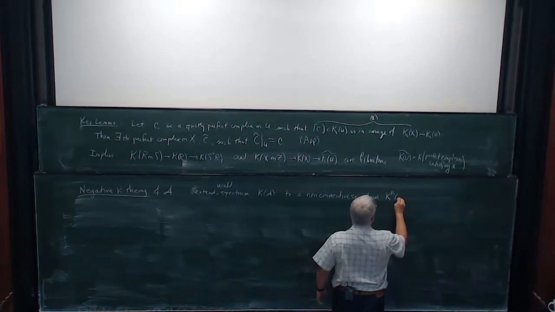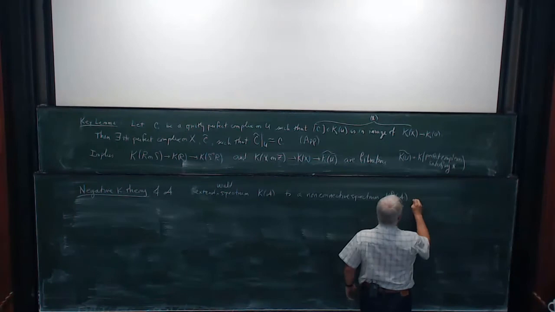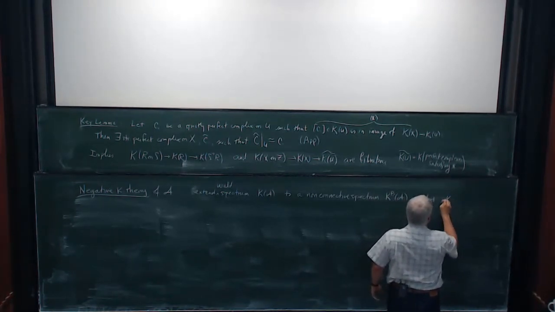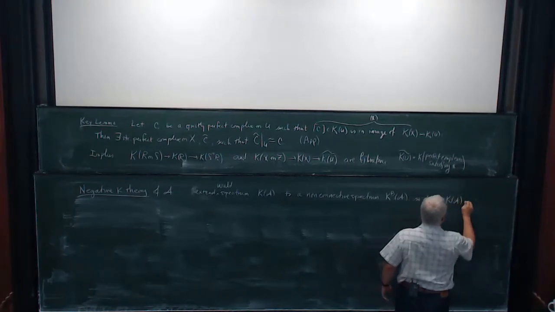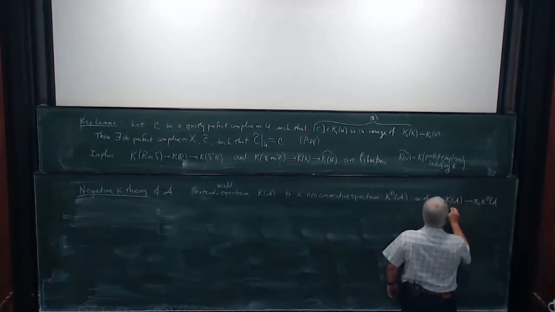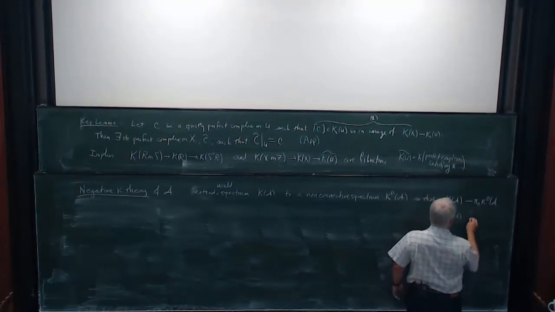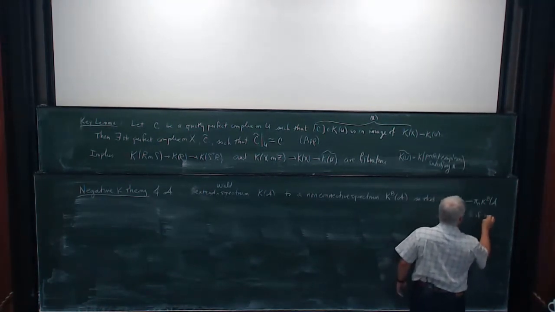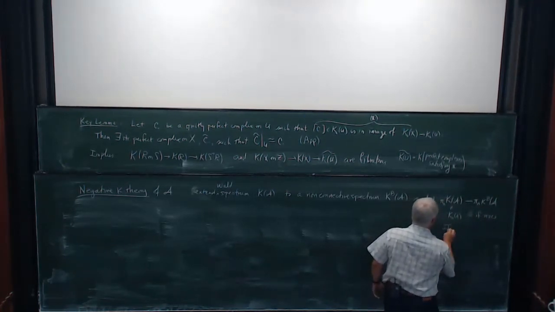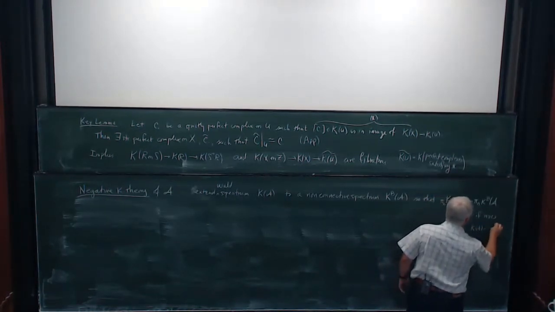I will write a B up here just to have a name for it, so pi n of K of A to pi n of KB of A. This is the same thing as Kn of A. It is an isomorphism if n is greater than or equal to 0. And if n is negative, K of A is equal to 0 by construction.